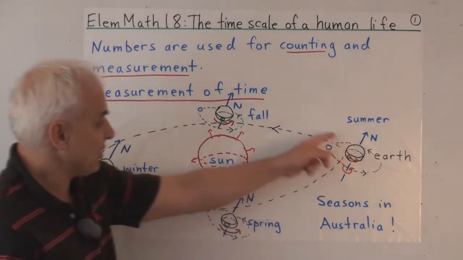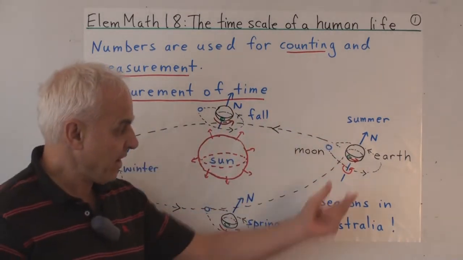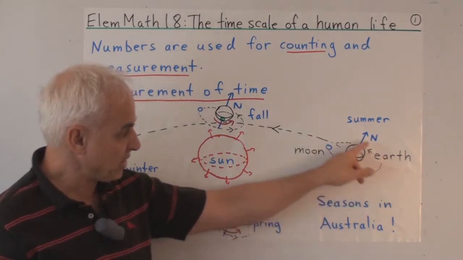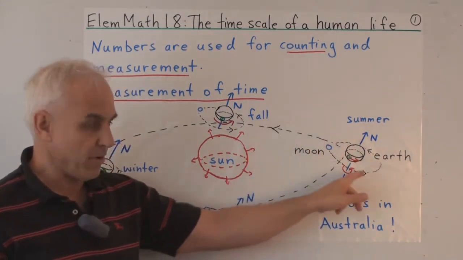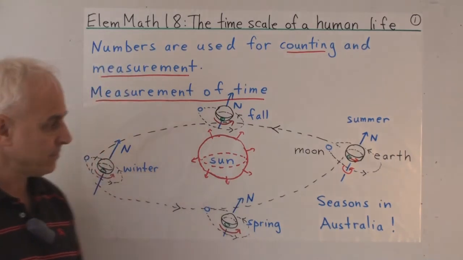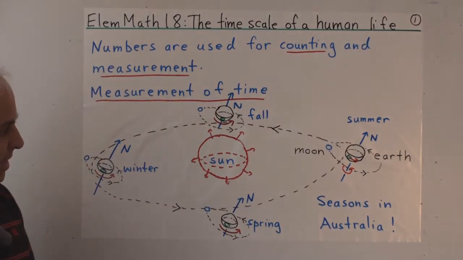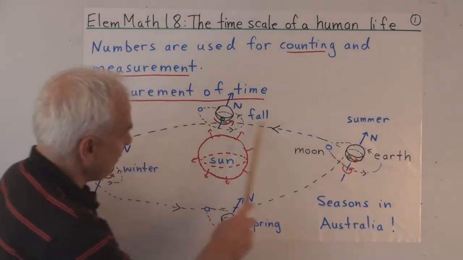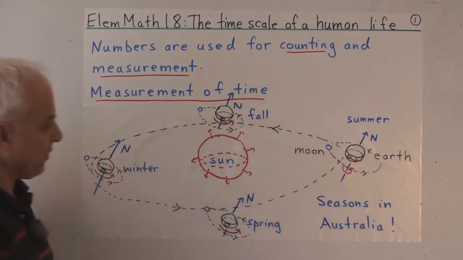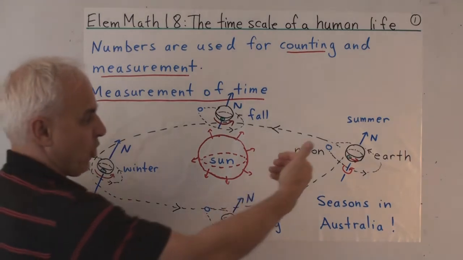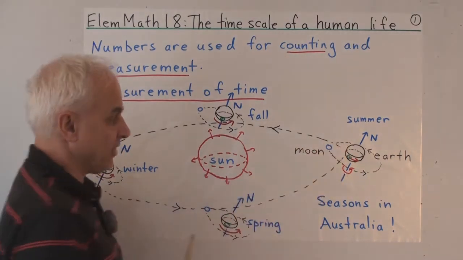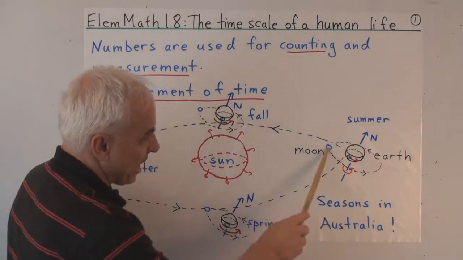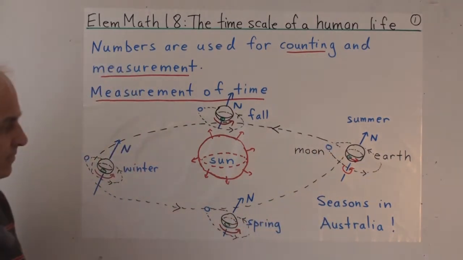So while the Earth is revolving around the Sun and itself rotating on its axis, there's also the Moon, which is circling around the Earth in a periodic way. Now the direction of the revolving of the Earth around the Sun is also in this sort of right-handed direction. And so is, in fact, the Moon's rotation around the Earth.